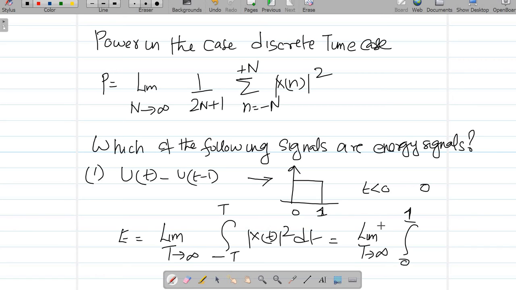Only between t equal to 0 and t equal to 1, we have an amplitude of 1, which will have to be squared, and then we integrate it. If I integrate it, the answer is going to be 1. So it is finite. So this signal is an energy signal. Okay, so the given signal is an energy signal.